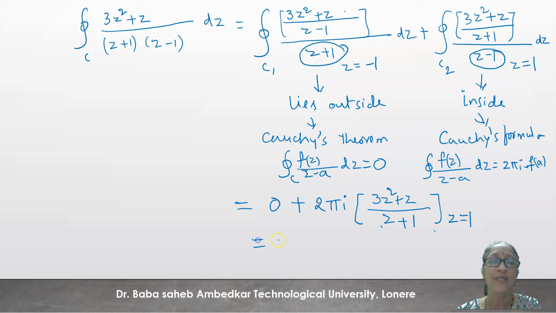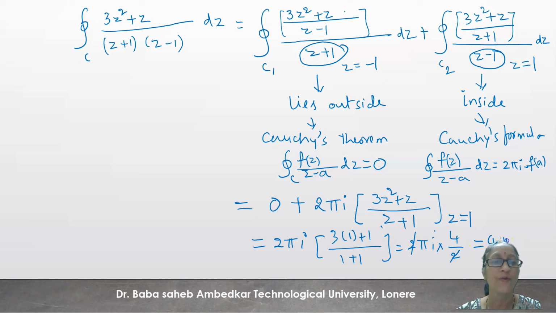Which is equal to 2 pi i into (3 into 1 plus 1) upon (1 plus 1). So what do you get? 2 pi i into 4 by 2, which is equal to 4 pi i. This is the solution of this question.